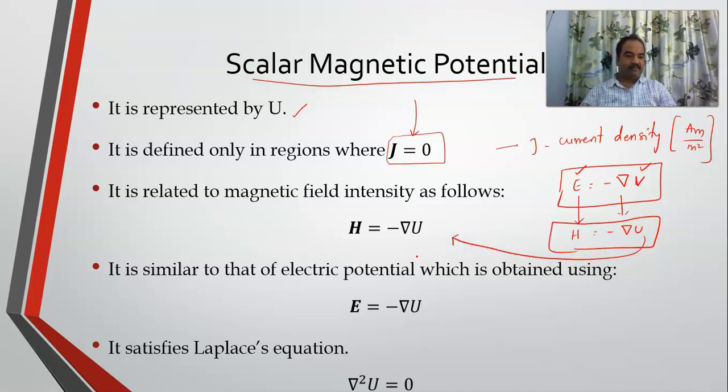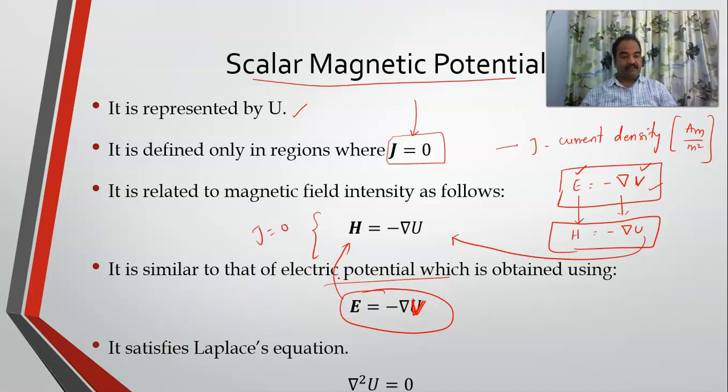This is scalar magnetic potential, just like scalar electric potential. But do remember, it is defined only in regions where J is equal to 0. It is similar to electric potential V; how it happens in the electric field, the same will be there in the magnetic field also.